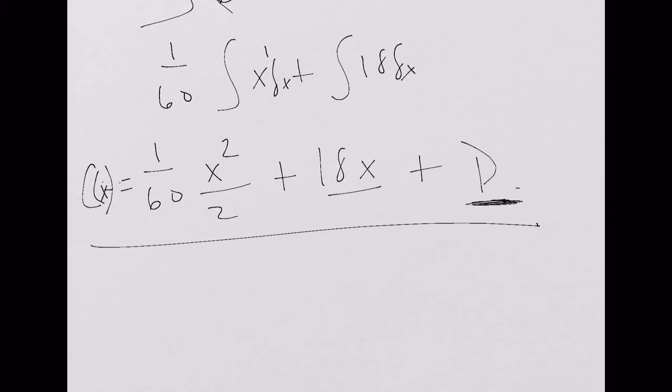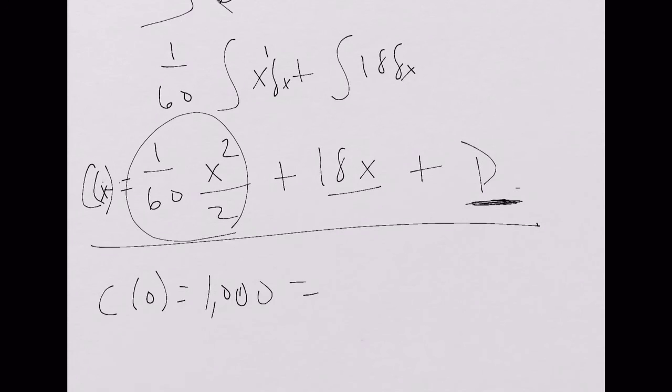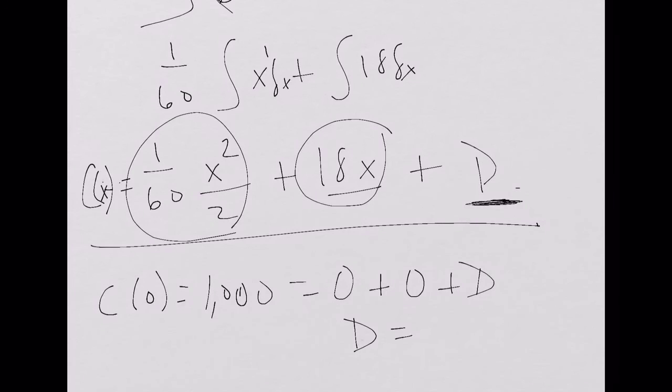Now they told me my fixed cost when x was 0, so c of 0 is equal to 1,000 was my problem. So let's plug in zeros. This piece, when I put in x equals 0, is 0. This piece is also a 0, plus d, so that means that constant that I added was 1,000.